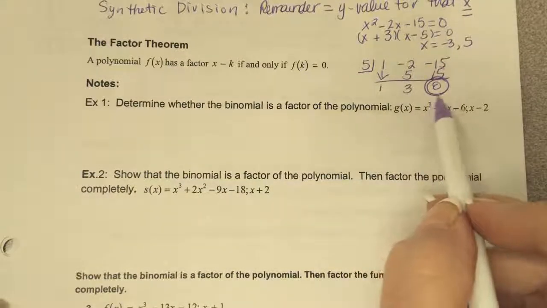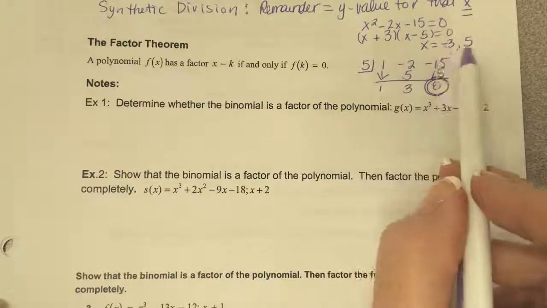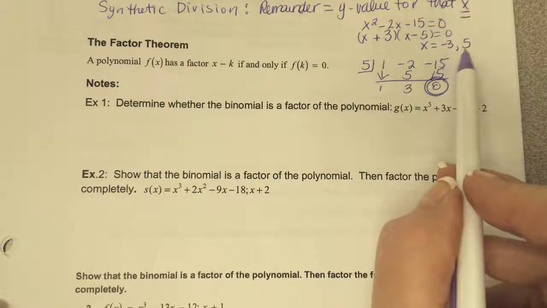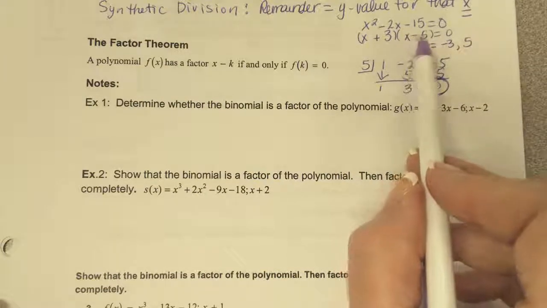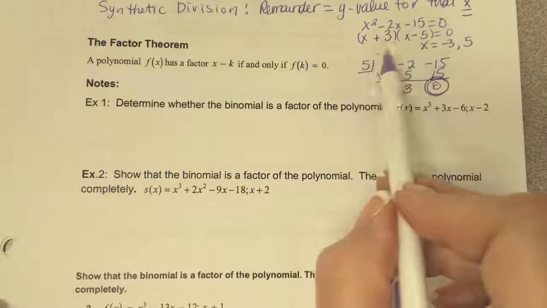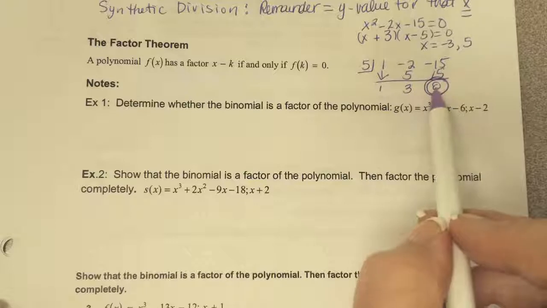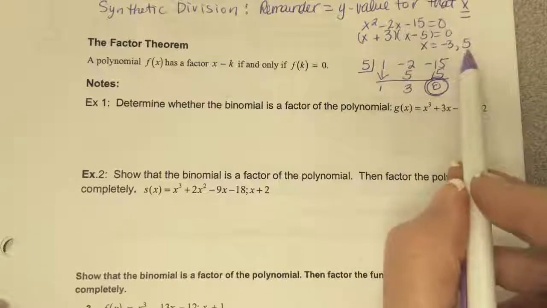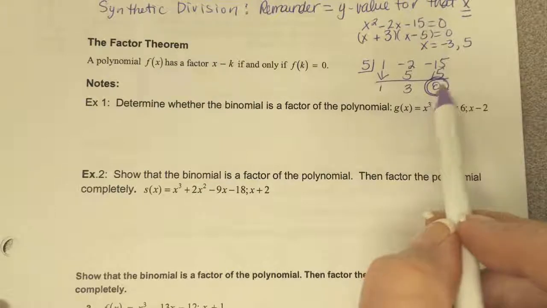See how that works? We knew that 5 was going to be a solution to this, and we knew that x minus 5 was a factor. But to check that, I could do synthetic division. When this is a factor, or when 5 is a solution, I get that remainder of 0.